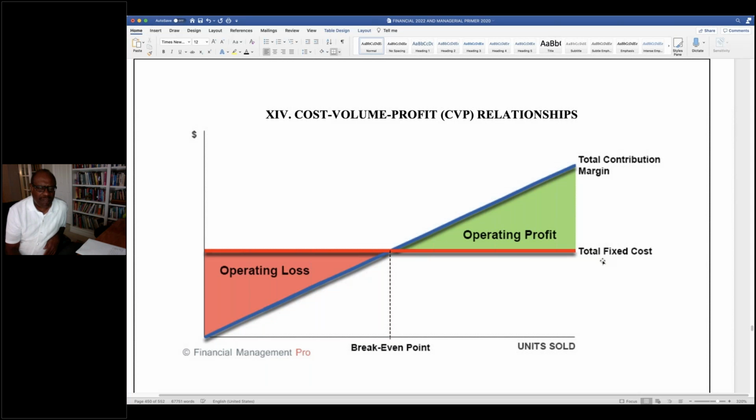In cost volume profit relationships, what we are trying to determine is at what point a quantity of sales will yield a zero profit. We're trying to determine at what point a quantity of sales will make the profit zero. It won't be a loss. It won't be a profit. It will be zero.